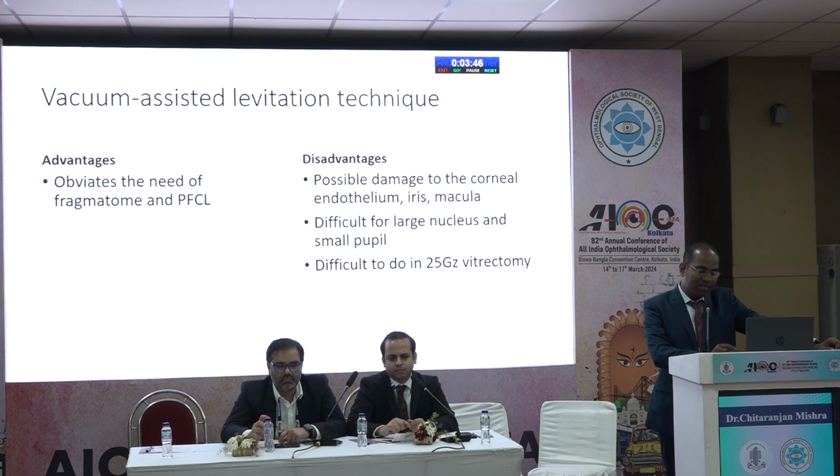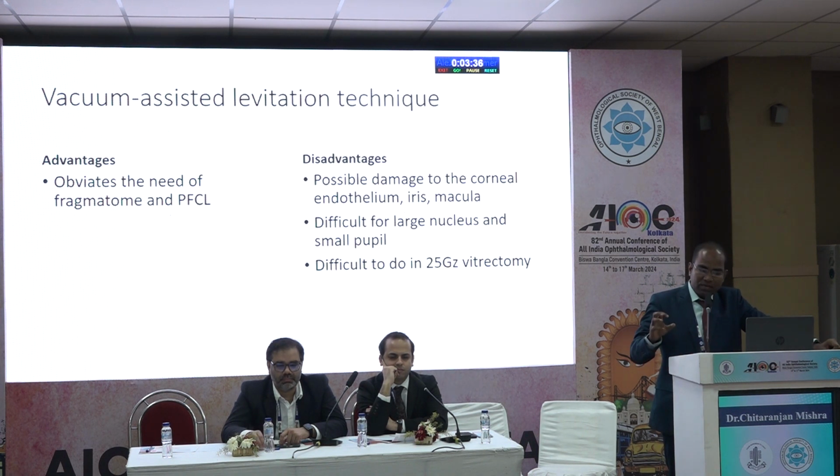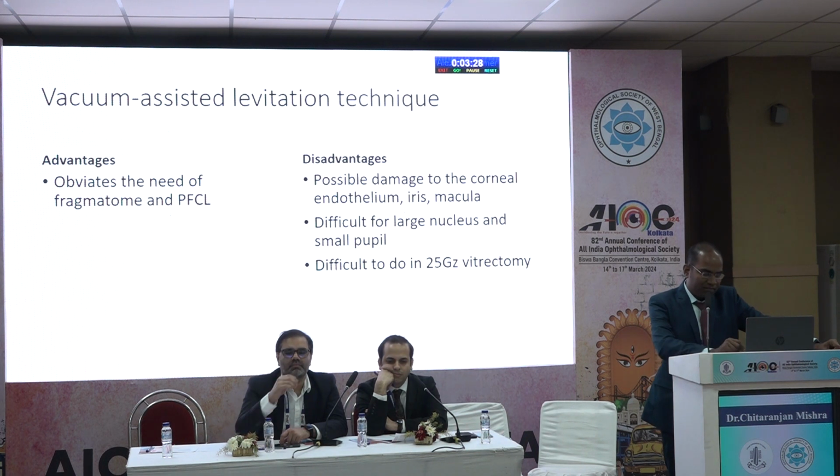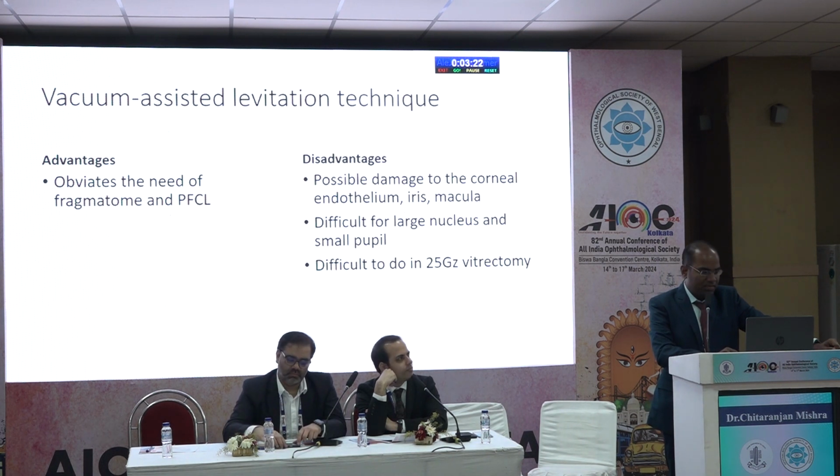Initially I was thinking that only if the capsule is intact, we can hold it and take it out. However, what I have seen is, even if the capsule is not intact, still with some nibbling we can create an uneven surface over the nucleus, and still we can lift it. I have other videos I can show in future presentations.